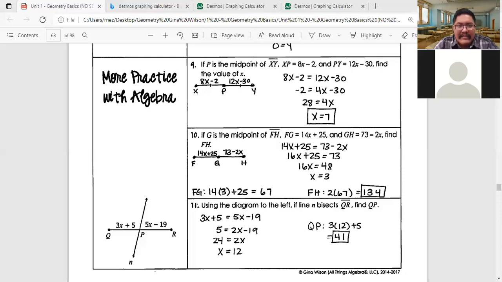I've got to find out what the X and what the Y is. Once I get this X and that Y, that will tell me the X and Y coordinates for this R point that we're looking for. To do this, I'm only working with this one right here for now. I've got to get rid of this 2, because if you remember the order of operations, one of the first things we do is get rid of parentheses.